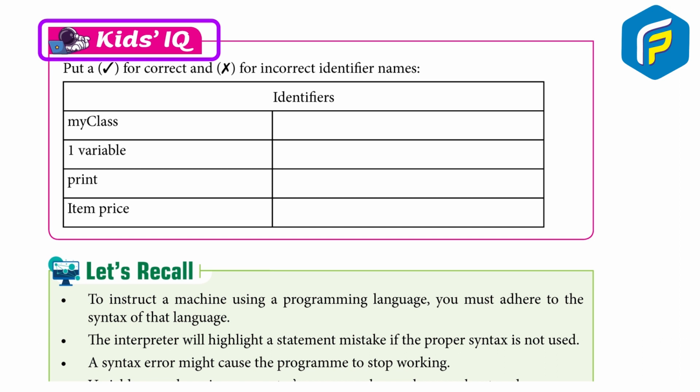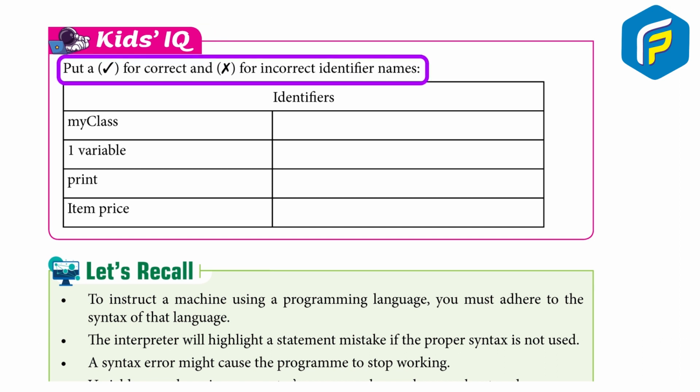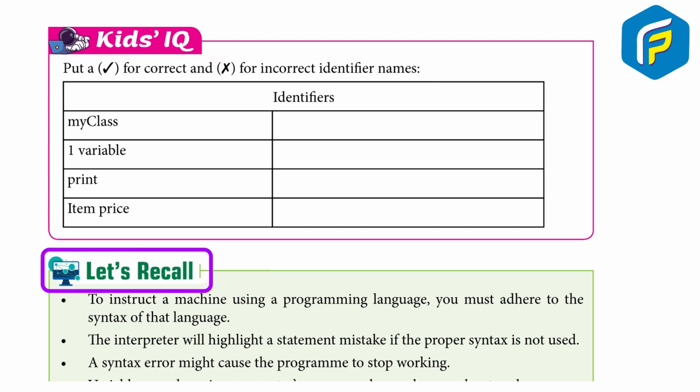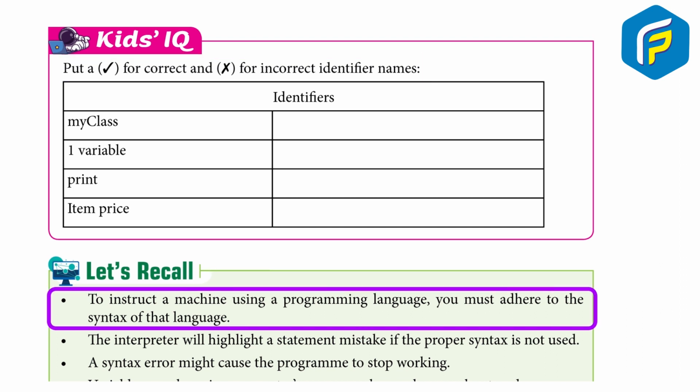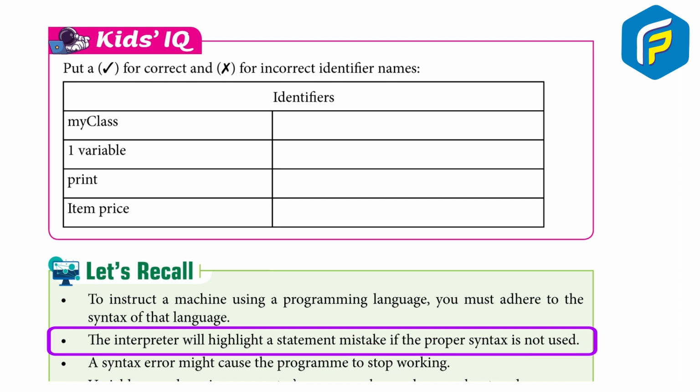Kids IQ. Put a tick for correct and a cross for incorrect identifier names. Let's recall. To instruct a machine using a programming language, you must adhere to the syntax of that language. The interpreter will highlight a statement mistake if the proper syntax is not used.